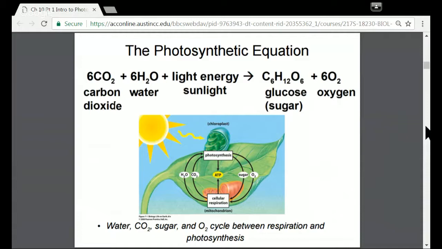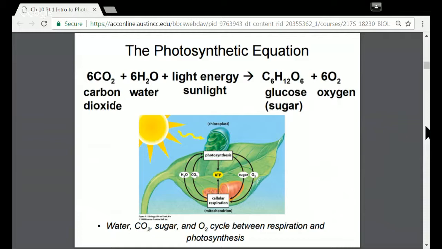They undergo cellular respiration and they produce carbon dioxide as a byproduct and water. And both of those chemicals are reactants needed for photosynthesis. So these two organelles work really well together. Plant cells have both. They have the chloroplast to build the sugars and the mitochondria to break them down later to make ATP.